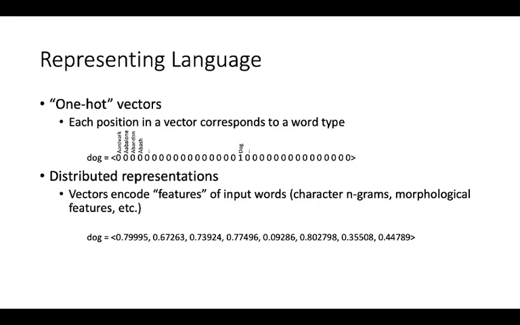The advantage of the character n-gram model is that you can find morphological features. You can find words that are morphologically similar, words that are morphological variants.